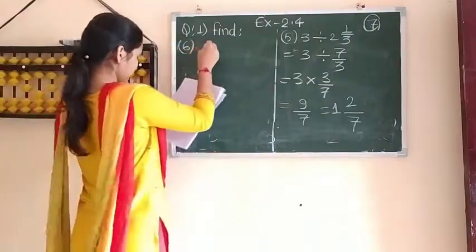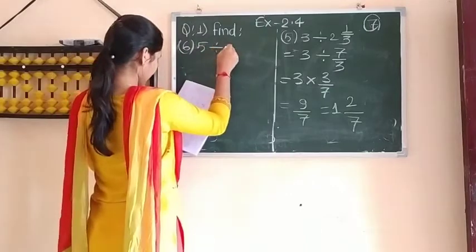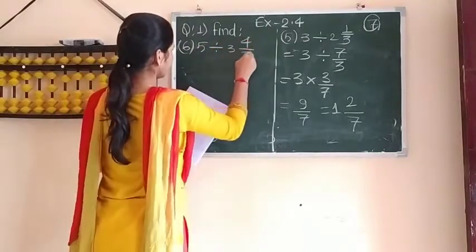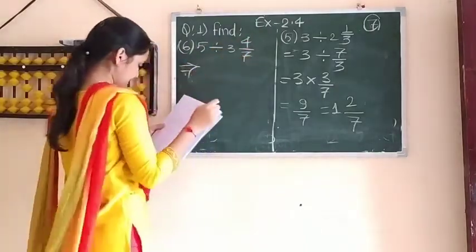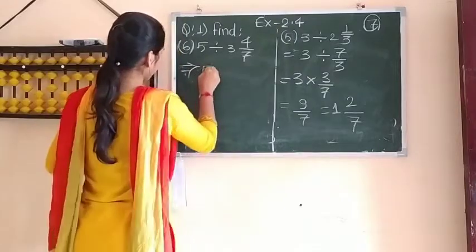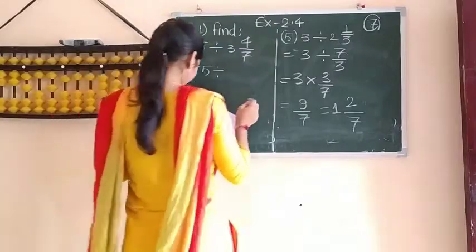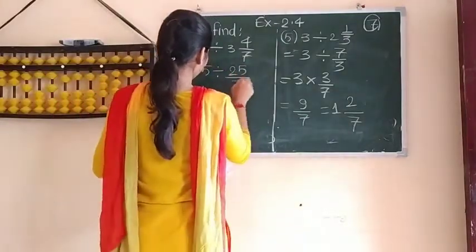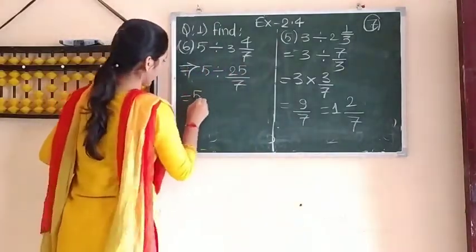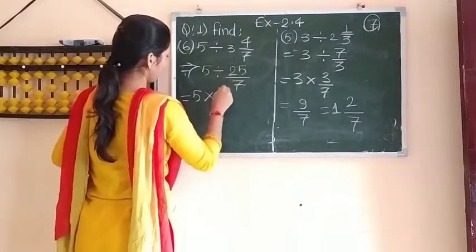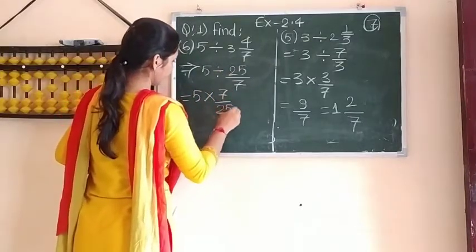Now next, sixth. Sixth one is 5 divided by 3 4 by 7. So how to write this? You can write this as 5 divided by 3 7s are 21, 21 plus 4 is 25 upon 7. Now solve this. 5 multiplied by, reciprocal of this is 7 upon 25.